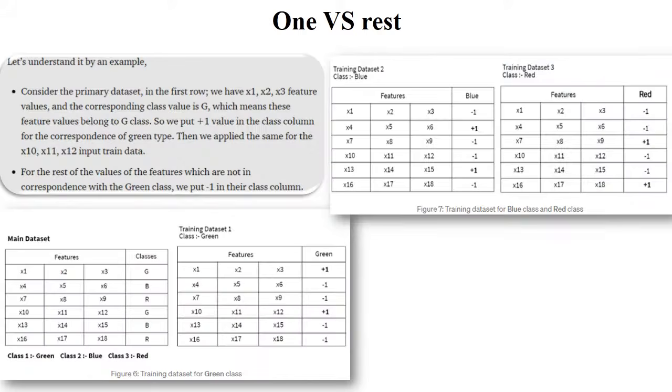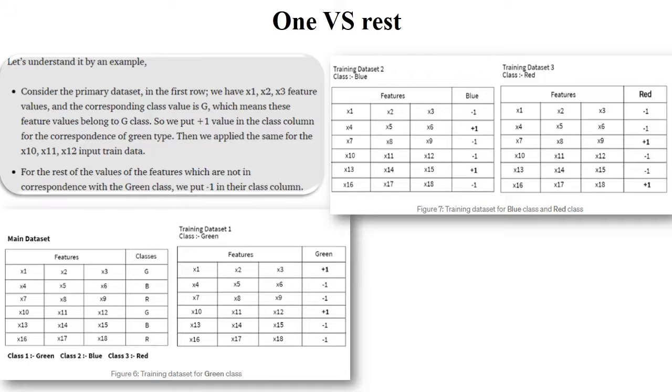Now in the first diagram, you need to generate the green classifier. On the left side is the given data and on the right side is the class green. The features x1, x2, x3 are for the green class, so green is represented as +1.